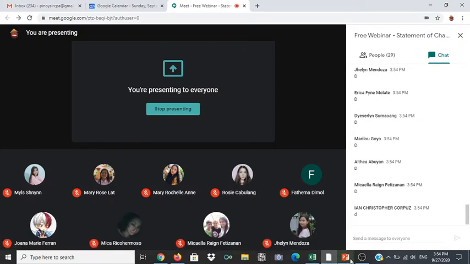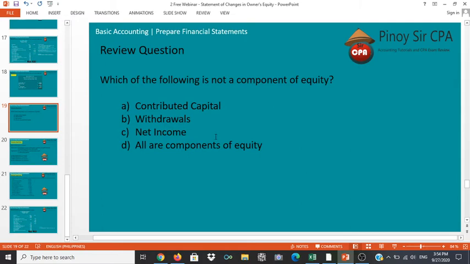Lahat yon ay component ng equity. Sir, wala naman dyan yung di ba we have what we call pro-will, di ba? Profit or net profit, withdrawals or W, L for net loss. Yung I, investment yun, di ba? Wala namang investment dyan. Meron. Ito, contributed capital. Iba lang yung tawag. No?